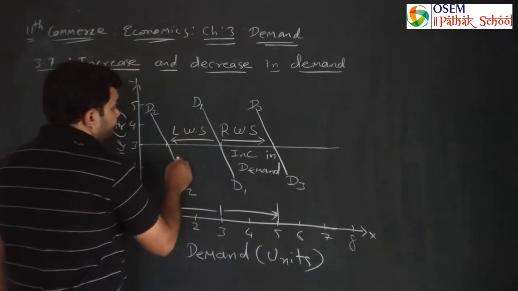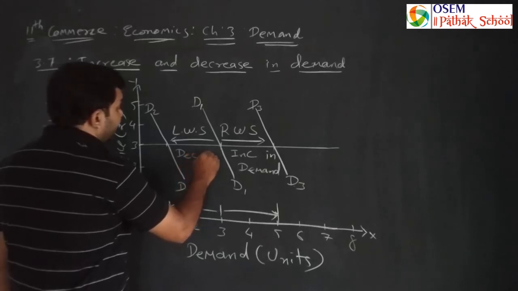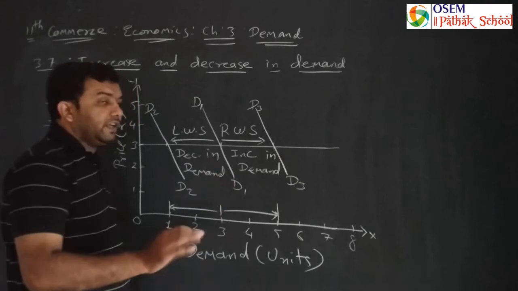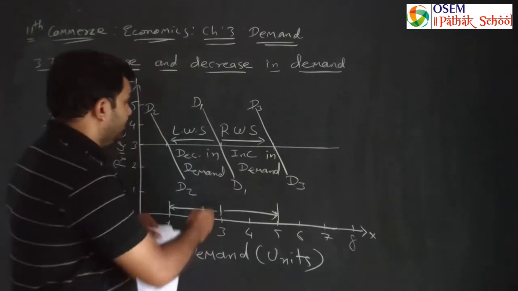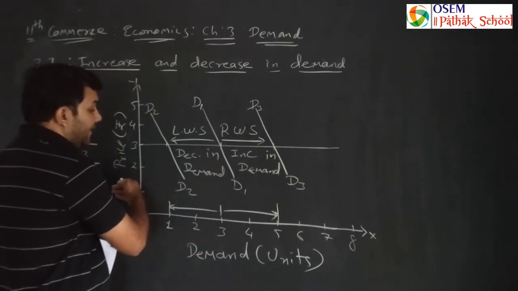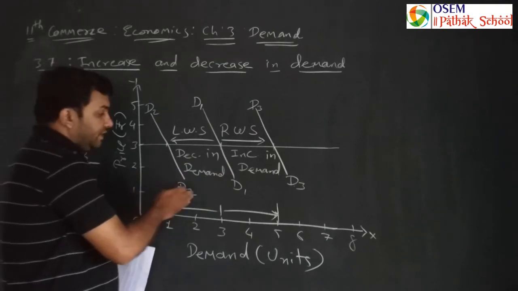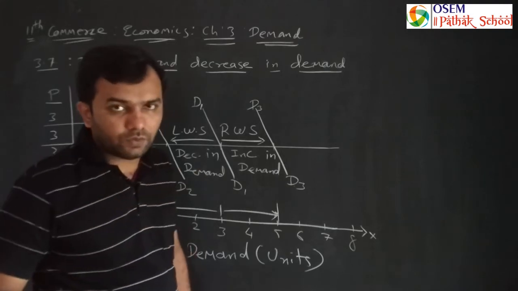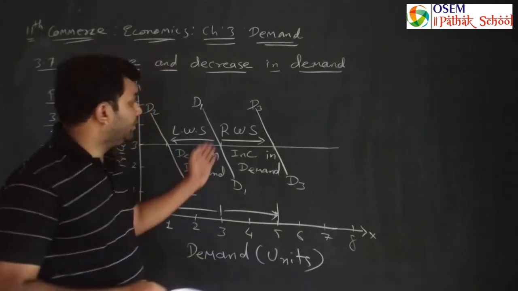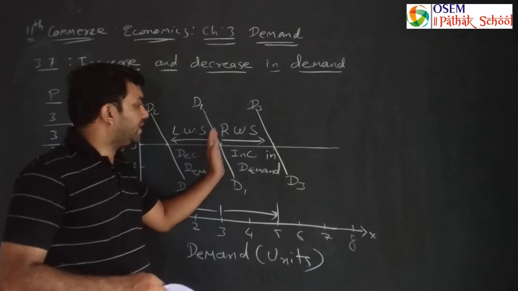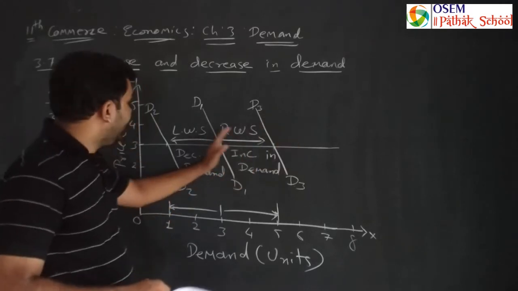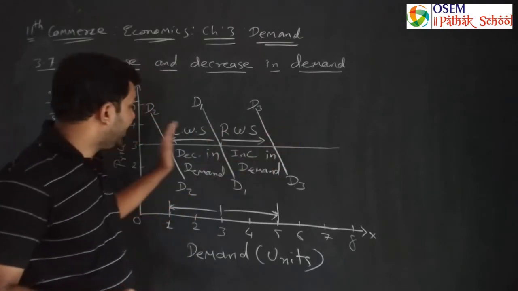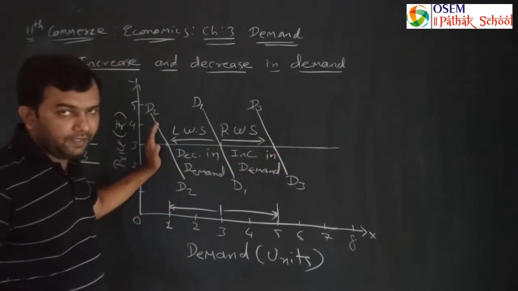A leftward shift will be there and it is called decrease in demand. In the earlier concept we learned contraction. Movement towards the left side is contraction and towards the right side is expansion, but it happens on the same demand curve. And here a new demand curve is formed. So it is called rightward shift of the demand curve and leftward shift of the demand curve, increase in demand and decrease in demand.